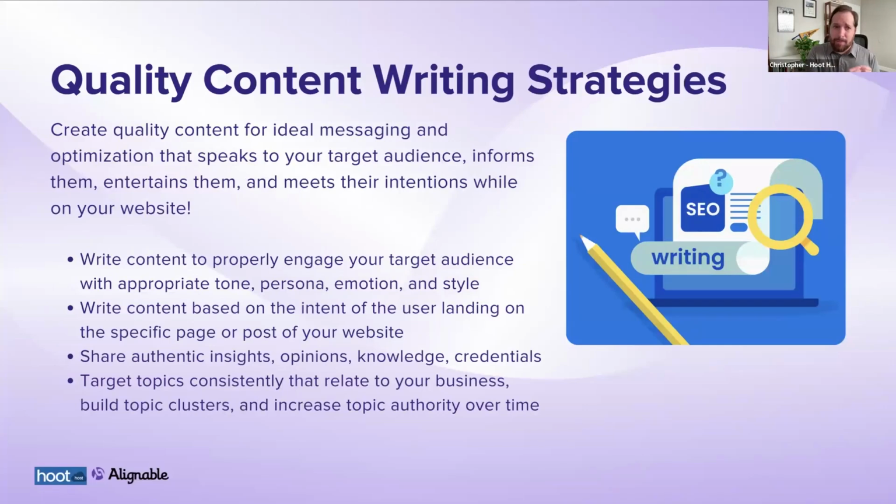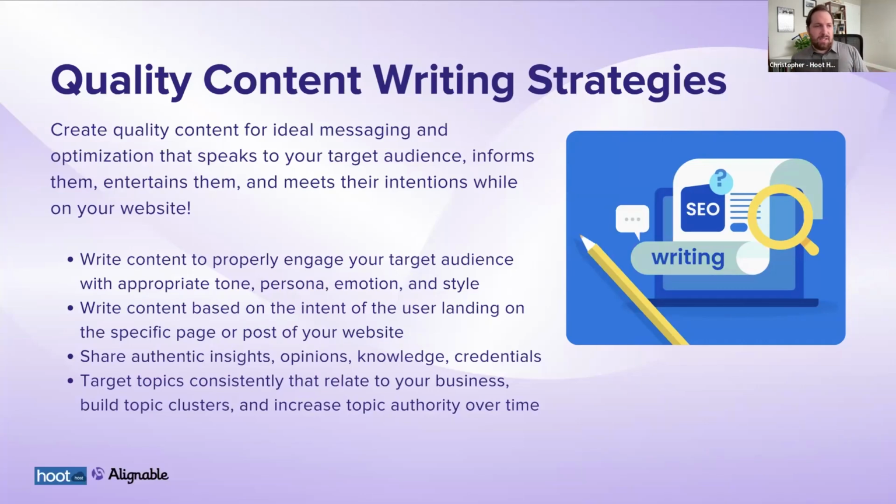You want to inform them, maybe kind of entertain them, and most importantly, meet their intentions while they're on your website, whether they came in through a blog post or one of your main service pages, or they just landed on the homepage. You're writing content for each of those sections in order to properly engage that person, their intention when they landed on that page. You want to write to that intent, and you want to properly engage them based on where they are in that digital consumer journey, like we were just talking about.